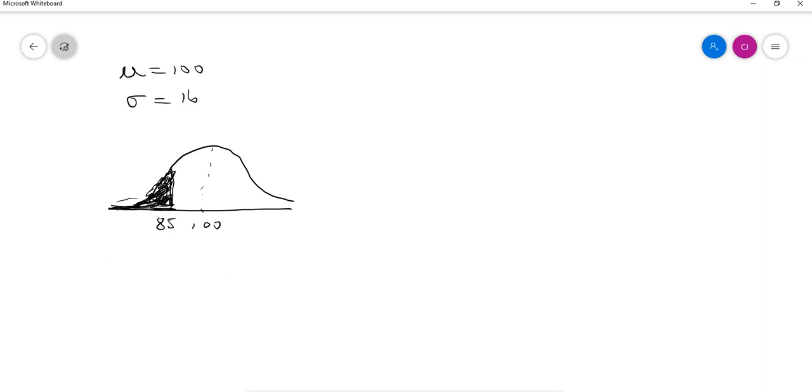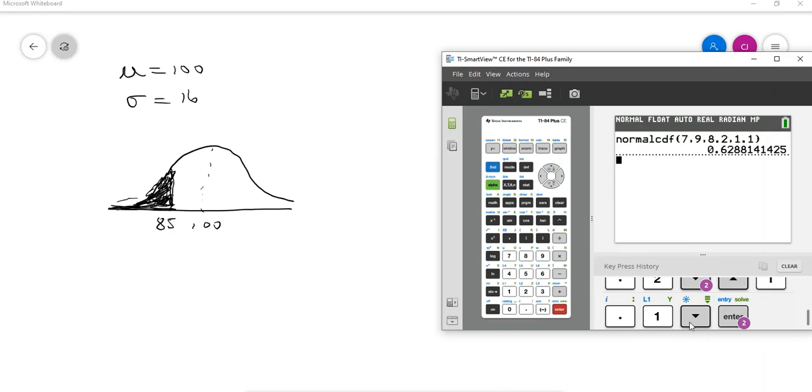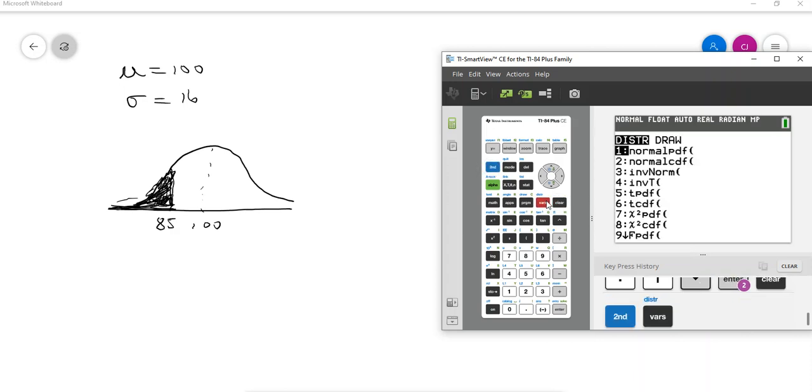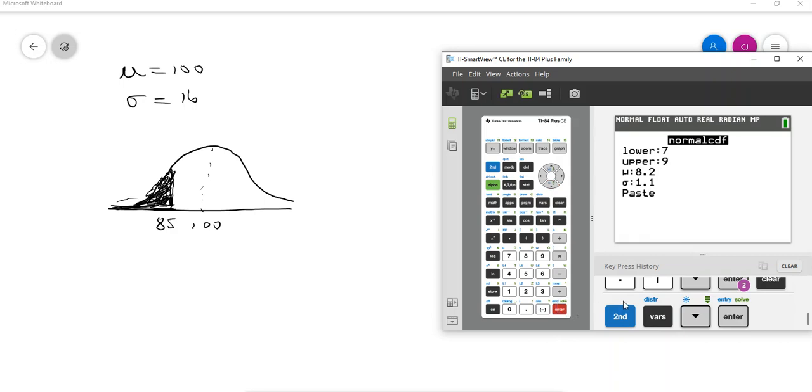So let's get the calculator in there. I'm going to clear this. Second function, distribution. All right. Number 2, enter. Now the lower, you have to kind of watch what I put in here. Negative, this e right here, which is second function, comma key.